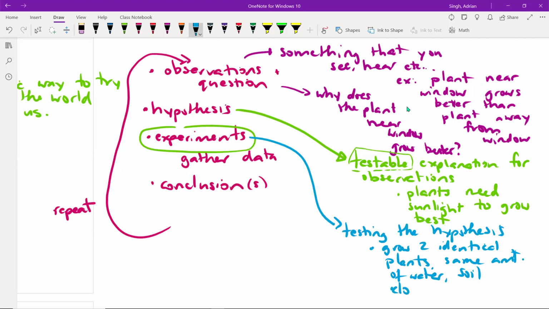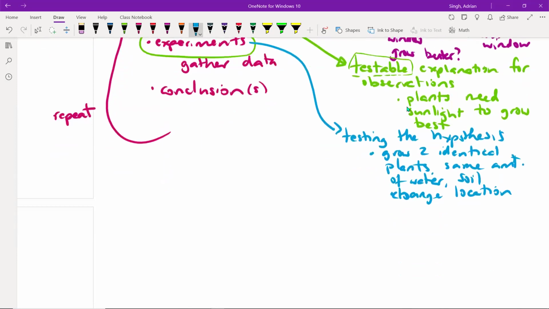So one is going to be by the window, or one plant in the sun, and then the other in the dark. Okay, and then we just make some measurements to see how those plants actually grow.